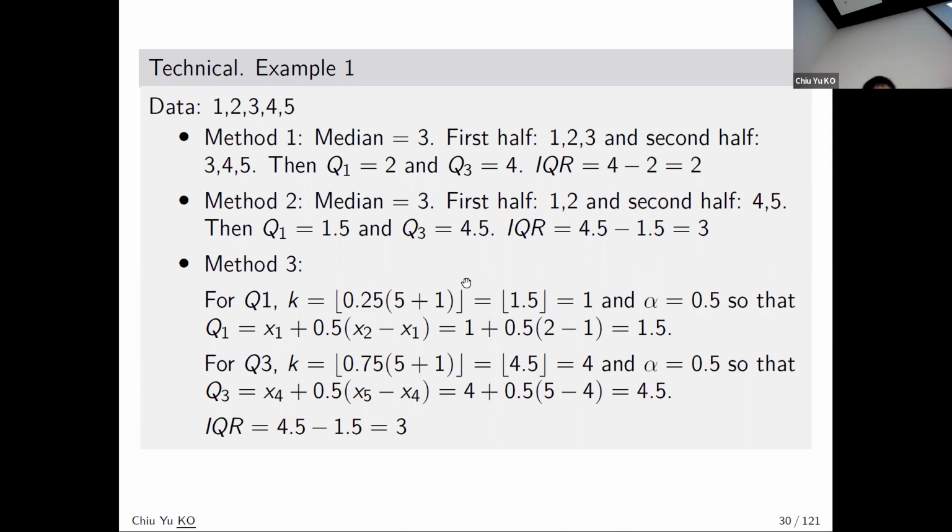For this example, we have 5 data points. Q1 is the number 1.5 data, which is 1 plus halfway of the difference between 1 and 2. So that's why we have this formula here. 1.5 is 1 plus halfway of 1 and 2. It gives you 1.5.